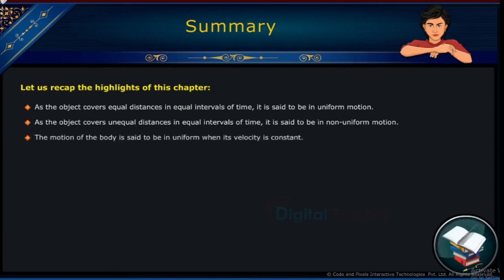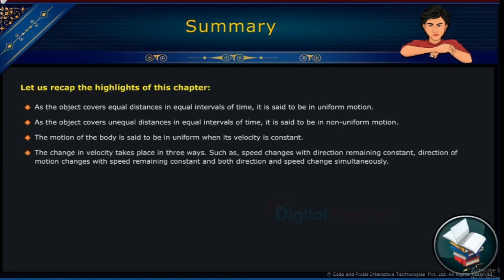The motion of the body is said to be uniform when its velocity is constant. The change in velocity takes place in three ways: speed changes with direction remaining constant, direction of motion changes with speed remaining constant, and both direction and speed change simultaneously. A body has acceleration when the velocity of the body changes.